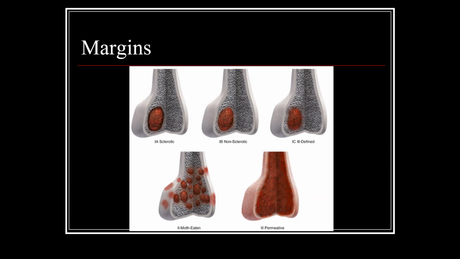And then as it starts to get more ill-defined and hazy, that's when you start worrying about more aggressive behavior. Moth-eaten or permeative borders obviously imply more aggressive lesions, and you should look very carefully to identify these sorts of changes in your lesions.